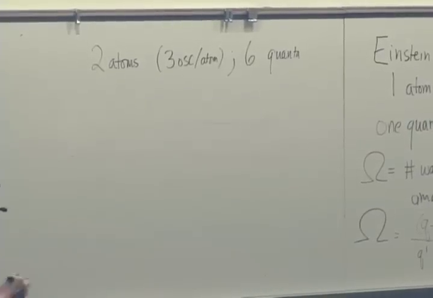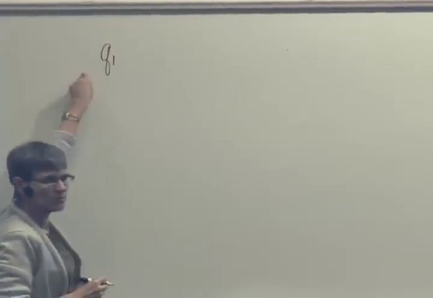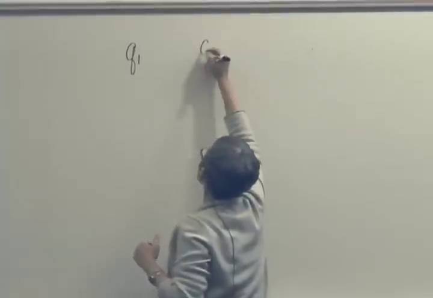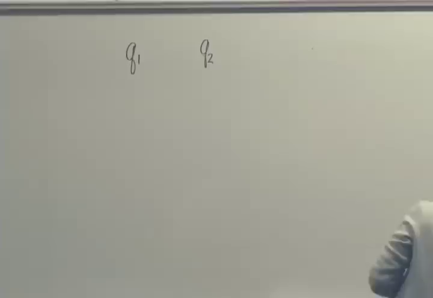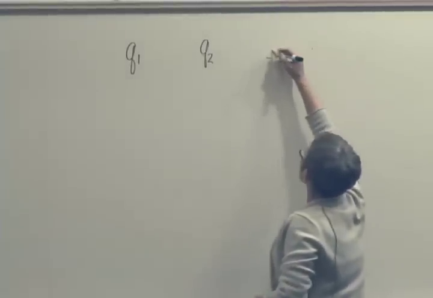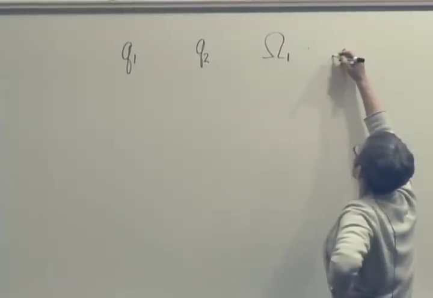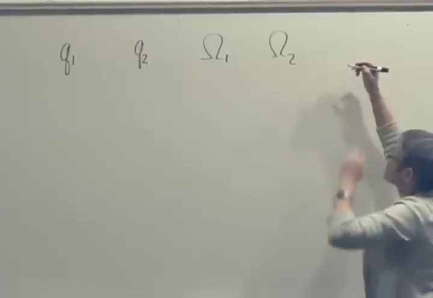And here's how we're going to do it. We're going to make a table. We're going to say Q1 is the number of quanta of energy we're putting in atom 1, and Q2 is the number of quanta we're putting in atom 2. And then we're going to find the number of ways of arranging this amount of energy in atom 1, the number of ways of arranging that amount of energy in atom 2.